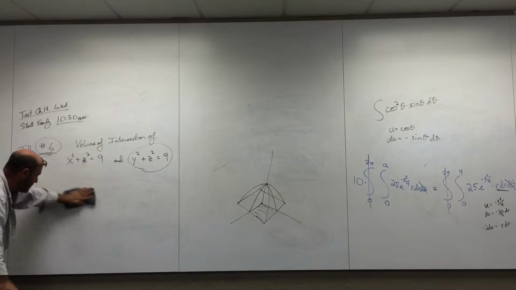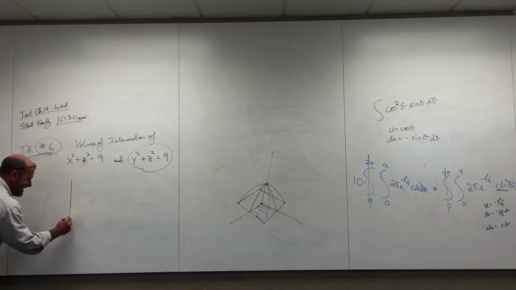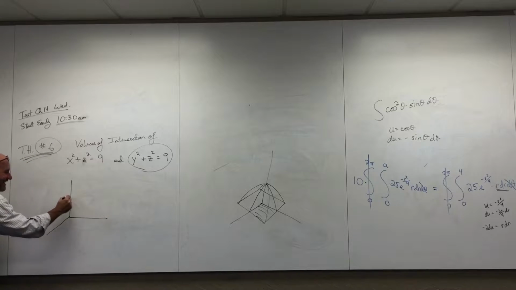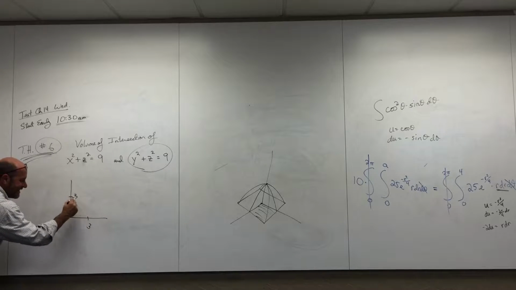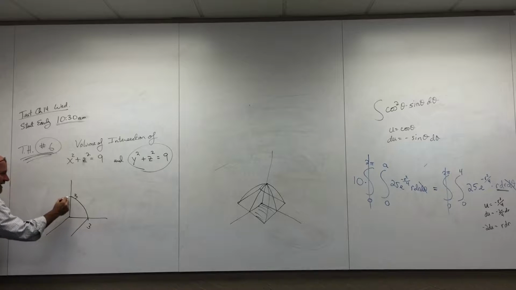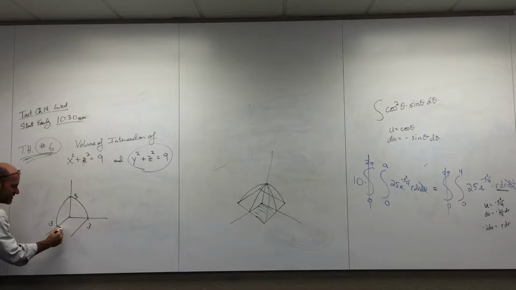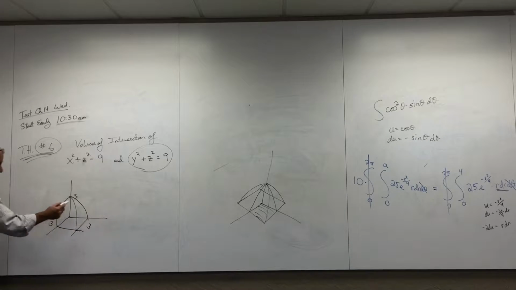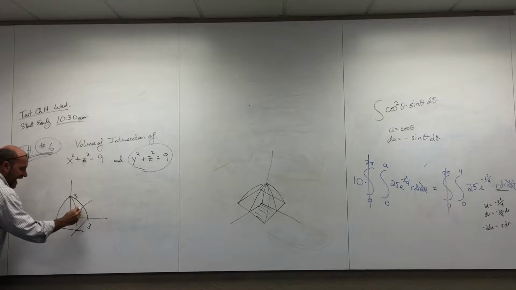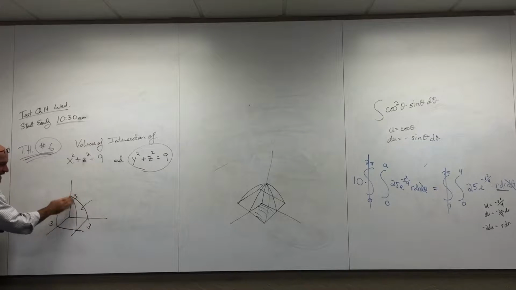So one more time. What was this? Radius 3, a quarter of a cylinder coming out this way, and a quarter of a cylinder coming out this way. There's this crease here. Now here's the deal. Which one is who? This one is bending this way.